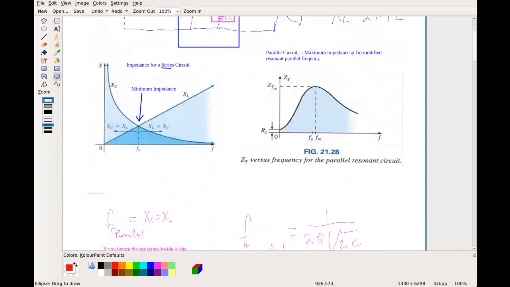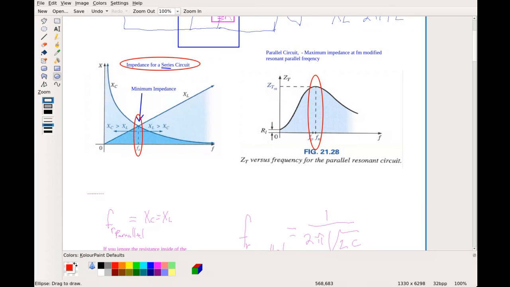All right, so notice that for a series circuit, the impedance minimum occurs at that resonant frequency, but for a parallel circuit, you get a maximum impedance at resonance.